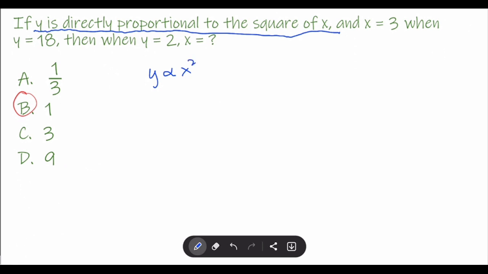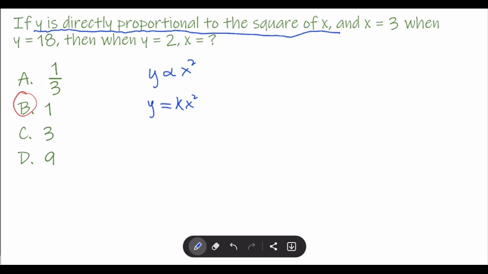But in an equation, y equals a constant for the proportion, usually k, times x squared. If it's inverse, not direct, you put x squared at the bottom of the k, the constant. But since it's direct, we just put it straight to the k.